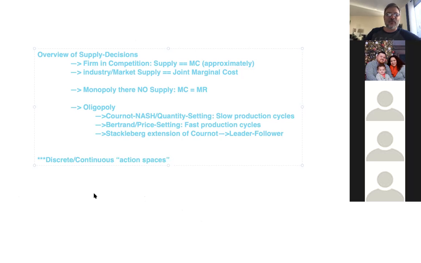So yeah, the difference between discrete and continuous action spaces. I imagine that most people in this class have heard of game theory, but normally in economics, we'll talk about markets and we'll talk about individuals. But for most of the cases that we deal with, there's no what we call strategic interaction.